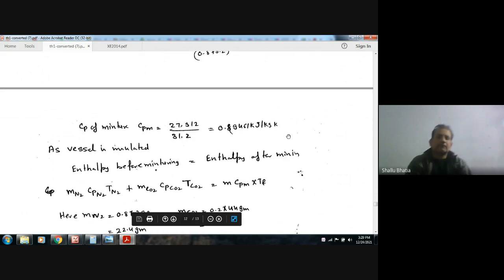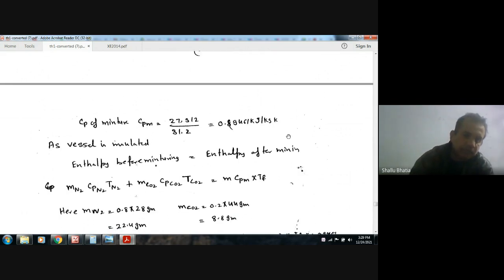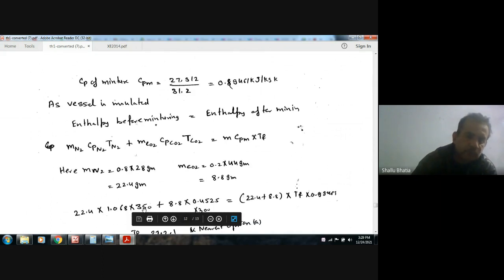Okay, now we have Cp of all these things, N2, CO2 and the mixture, in terms of kilojoule per kilogram. And we have 0.8 moles of N2 present, and molecular weight is 28 grams per mole. So the mass of N2 is 22.4 grams, and similarly we can consider the mass of CO2.